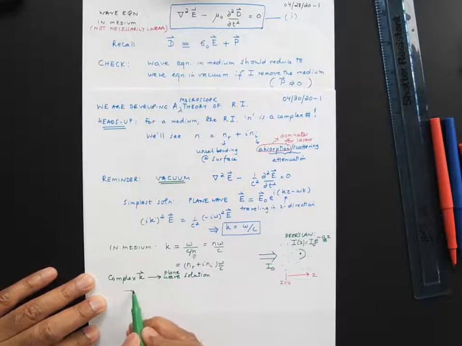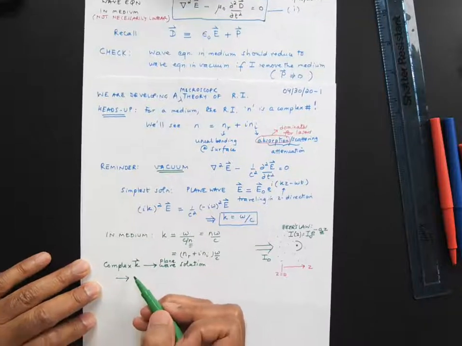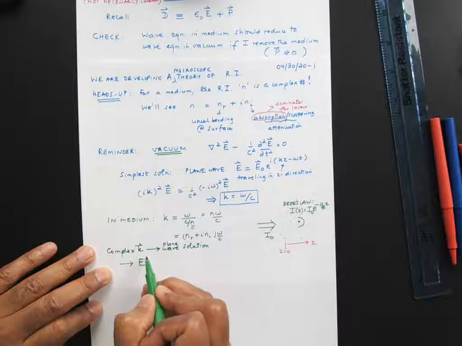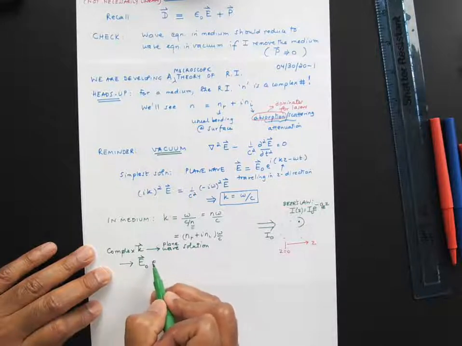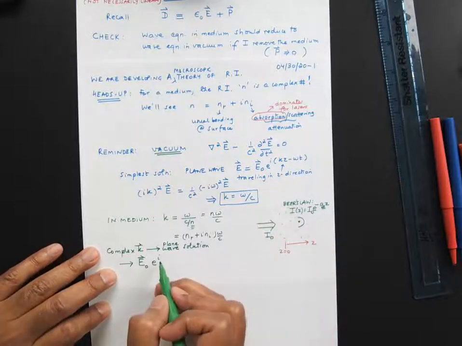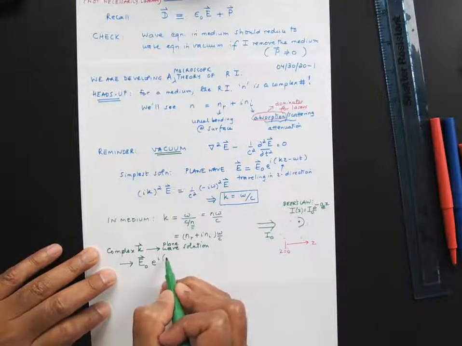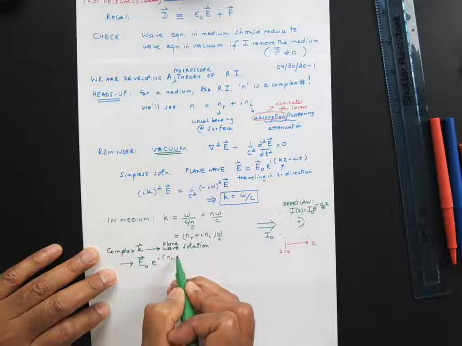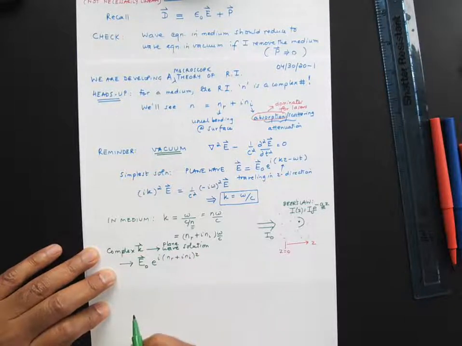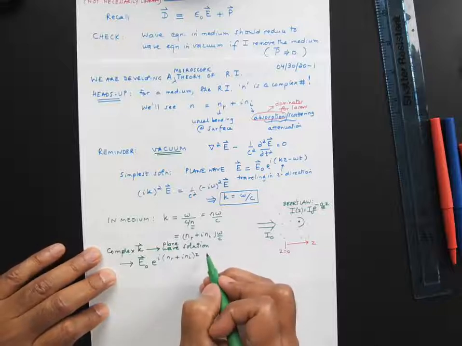And what do you have? You have now the plane wave, so there's an E naught, there's an e to the i, and k is now there is a n_r plus i n_i z, and then minus i omega t.